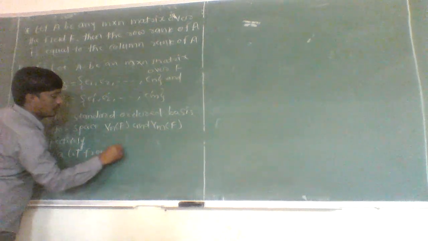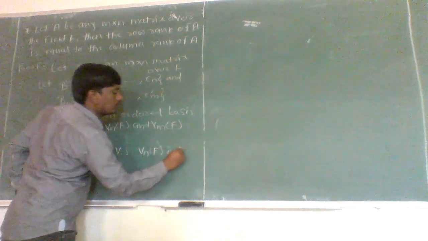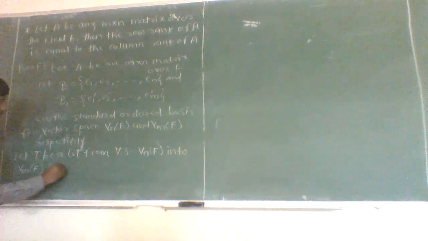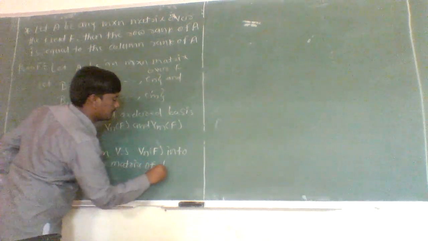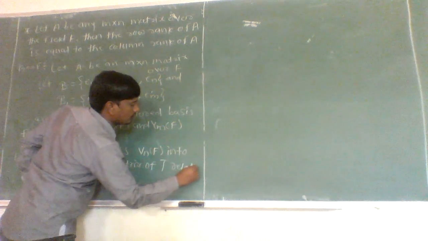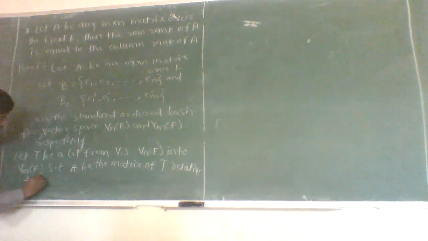Now, let T be a linear transformation from vector space Vn over F into Vm over F such that A is the matrix of T relative to the ordered bases B and B1.